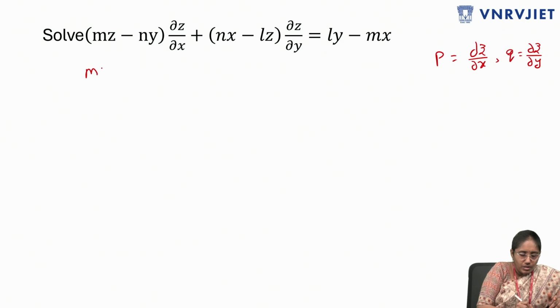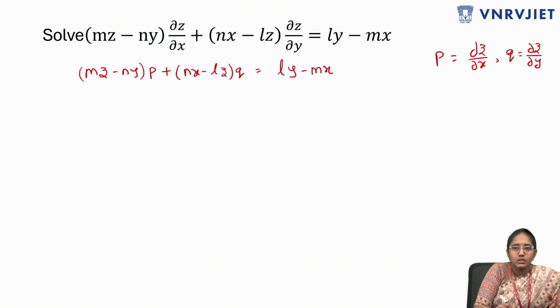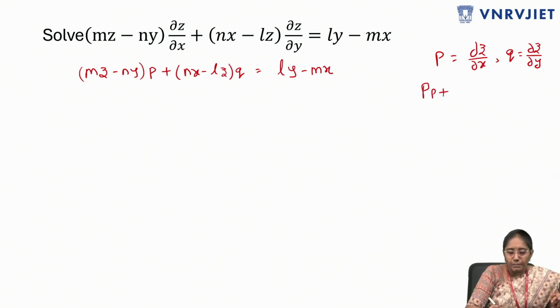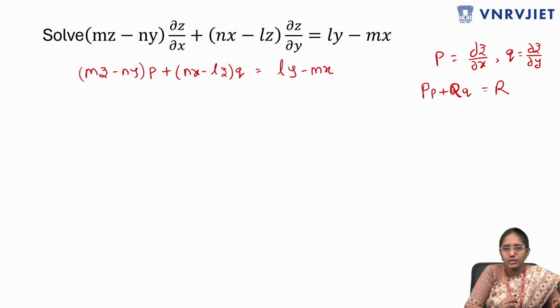So it is in the form (mz − ny)p + (nx − lz)q = ly − mx. Here observe, it is in the form Pp + Qq = R, exactly in this form. So it is called Lagrange's linear partial differential equation.